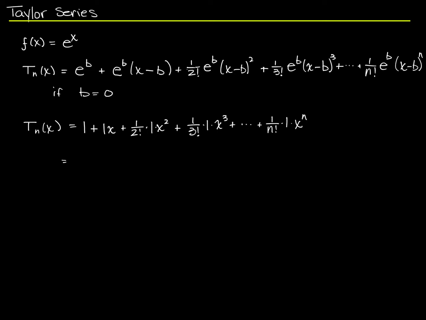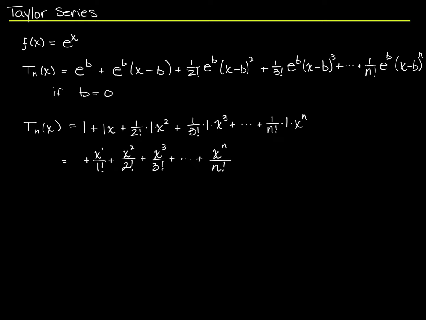I can tidy this up even more by saying that's just 1 plus x plus x squared over 2 factorial plus x cubed over 3 factorial plus, and so on, up to x to the power of n over n factorial. And if I want to, I can choose to write x as x to the power of 1 over 1 factorial.